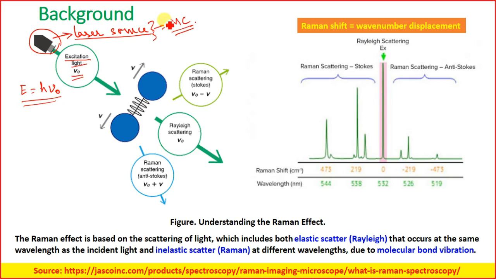Now when this is being used to excite a molecule, some of the light will be scattered at the same frequency as that of the incident radiation. Okay, so this is an elastic scattering.